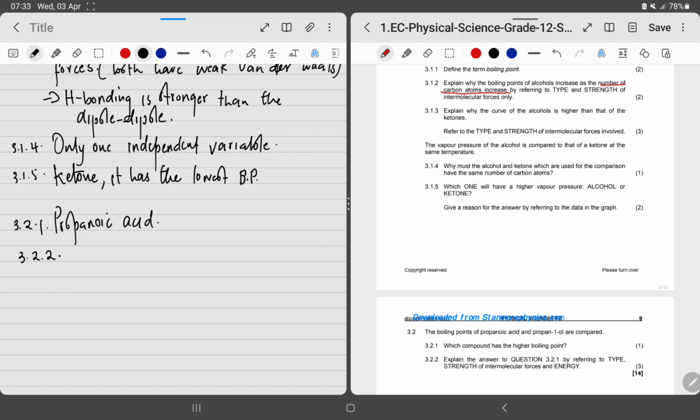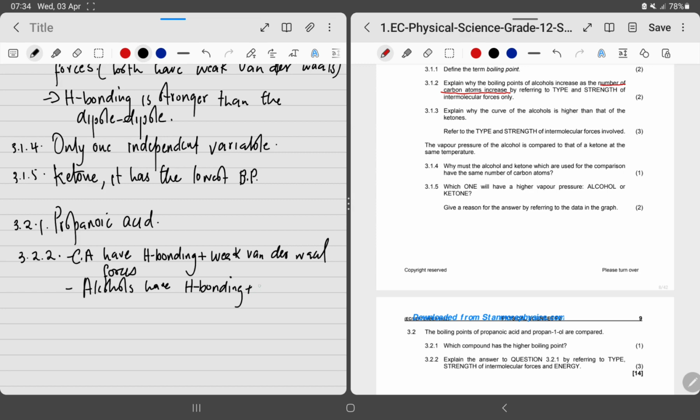Well, carboxylic acids have hydrogen bonding plus the weak van der Waals forces, and then alcohols have hydrogen bonding as well, plus the weak van der Waals forces.